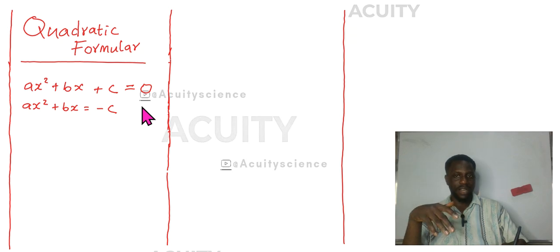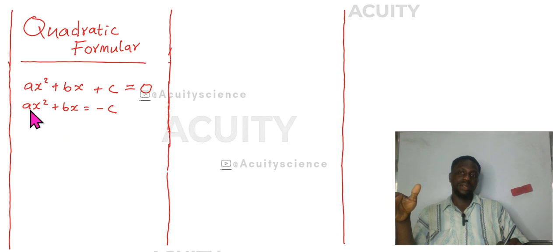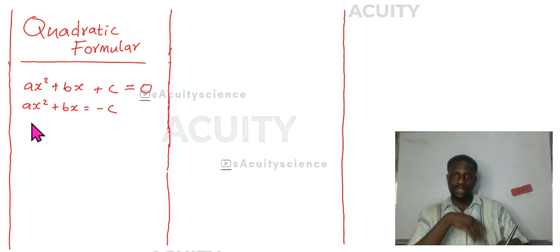I've taken it out. Now, before we proceed, let us make sure that this a is out. All right, let's just divide through by a so that we have a coefficient of 1 for x squared. So here we're going to have ax squared over a. That would be x squared.